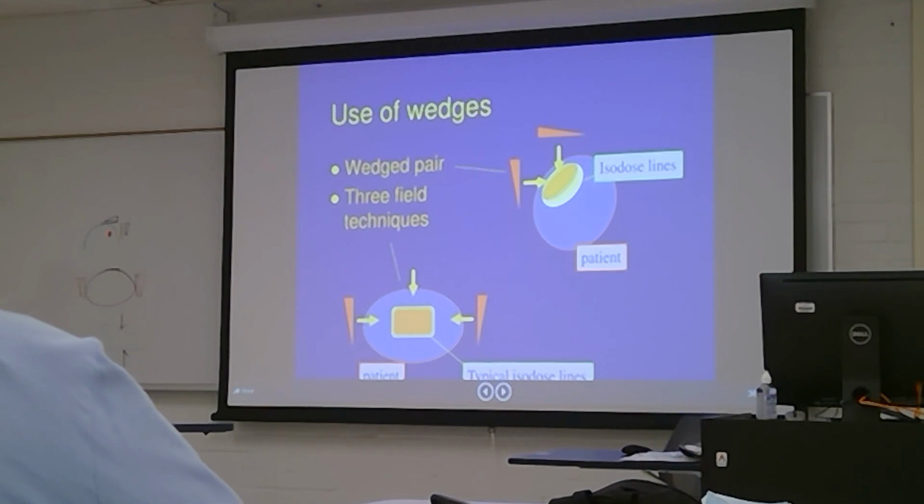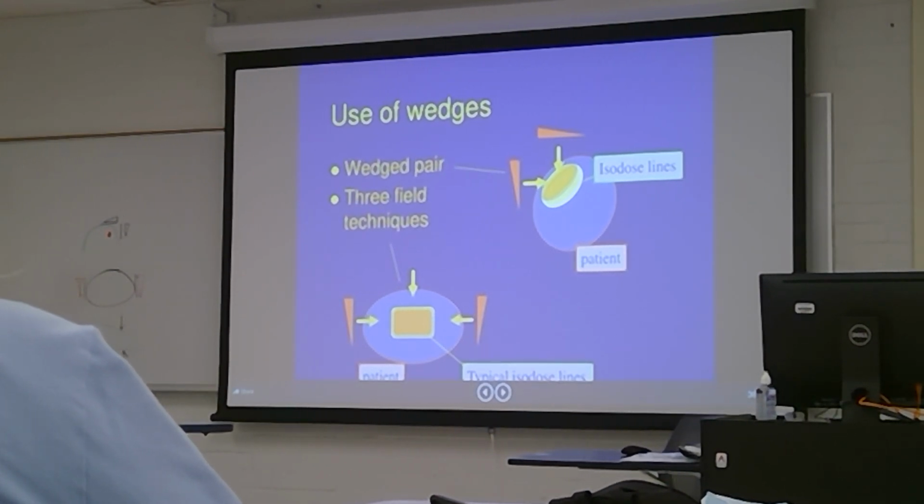If you think about you lying down, you have this slope from here down to your neck. Which way would a wedge go if you had to use a wedge? This is AP, this is P, this is superior, inferior.